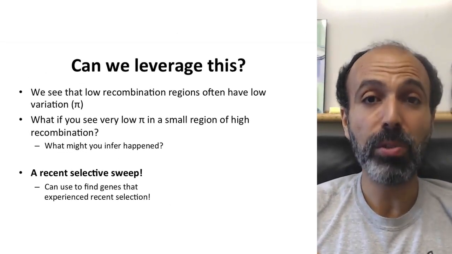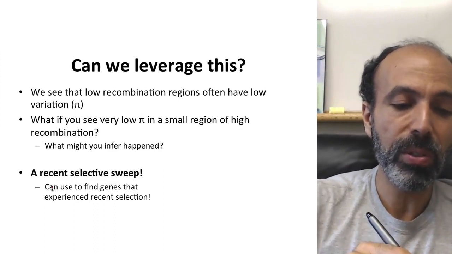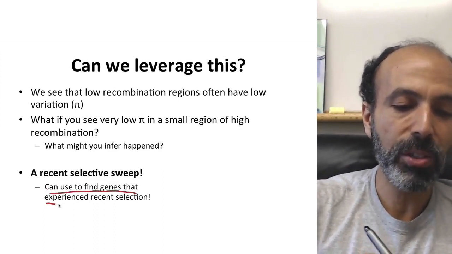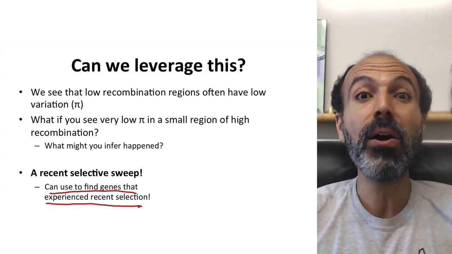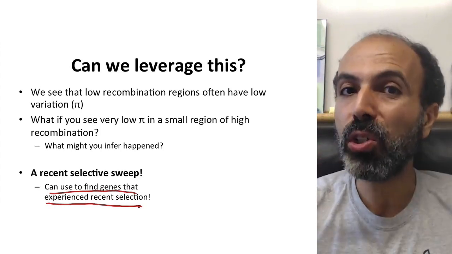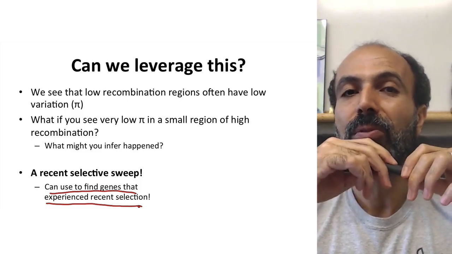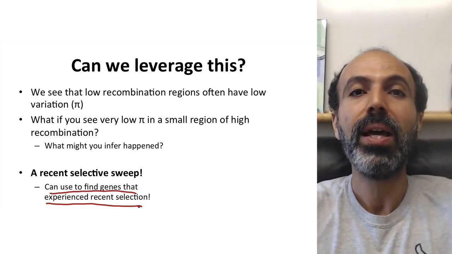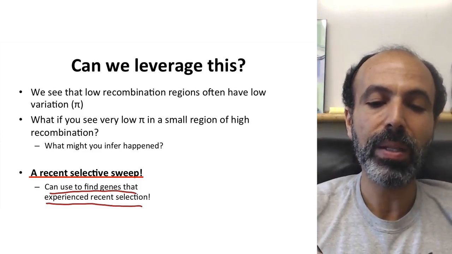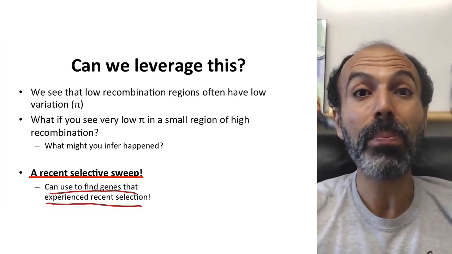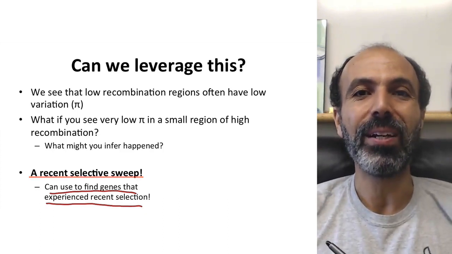What people have been doing and are continuing to do is we're using this to actually find genes that have experienced recent selection. Looking across the genome at regions that we know have high recombination and thus should have high pi, high nucleotide diversity, but when we see a small stretch of it that has unusually low pi, that could suggest that there has been a recent selective sweep and that there might be a very interesting gene to study there.